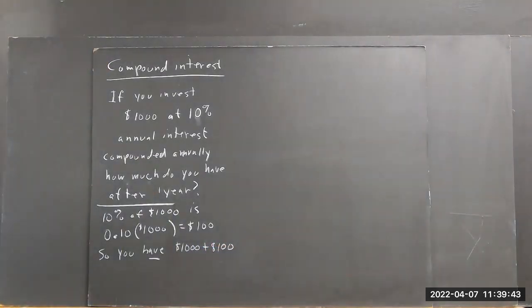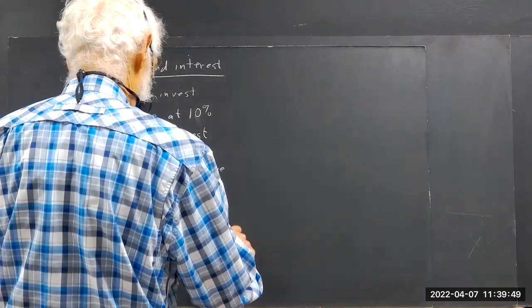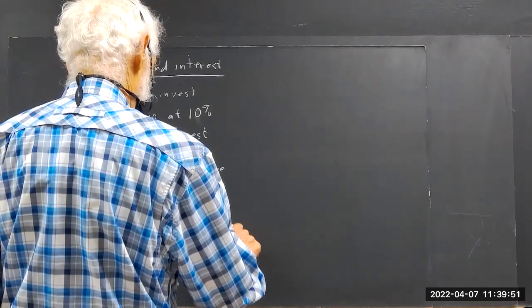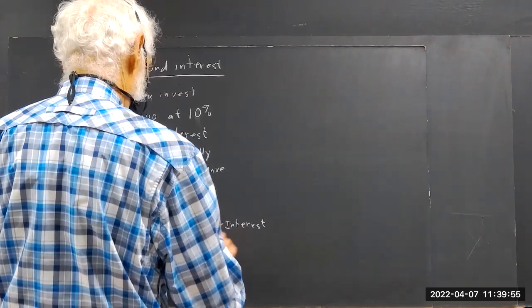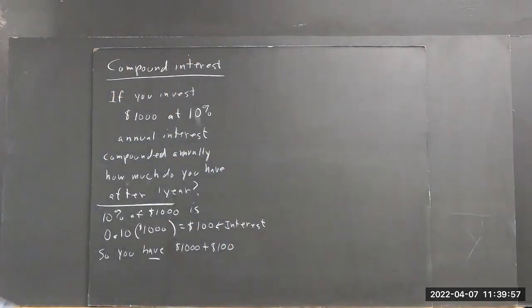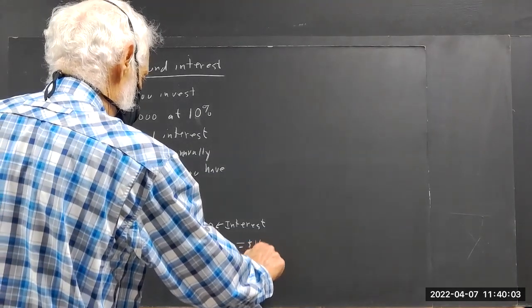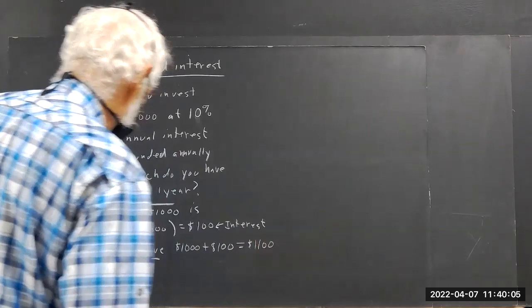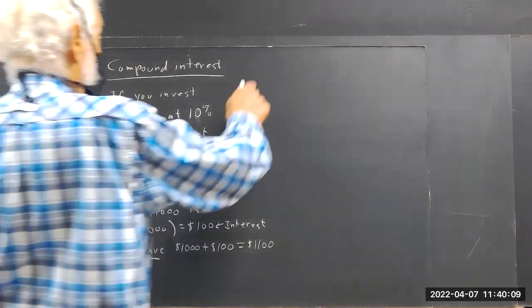So you have $1,000 plus $100, right? This is your interest. You have your original principal plus your interest, which is $1,100. Now, how much after the second year?